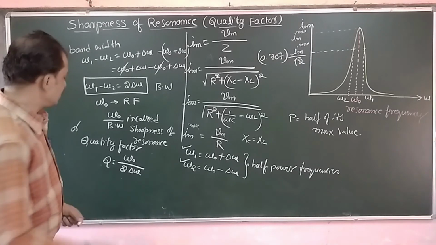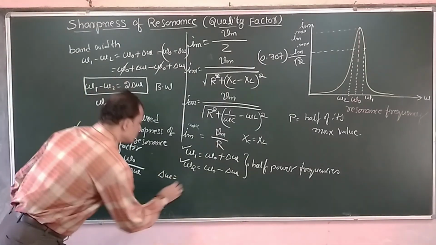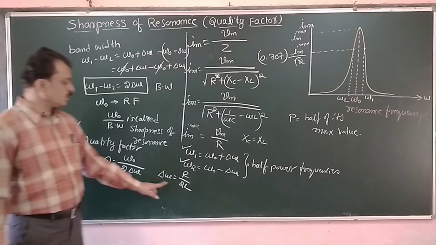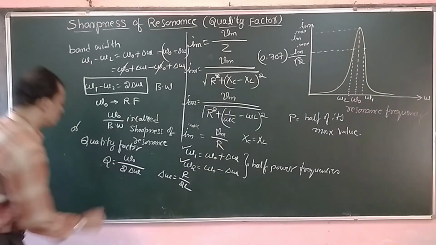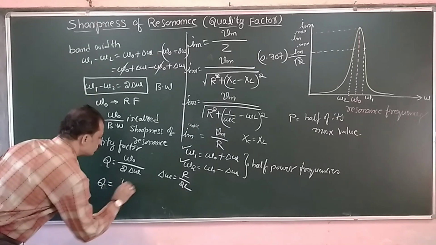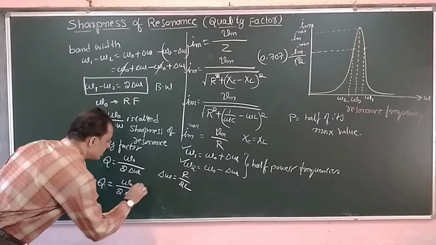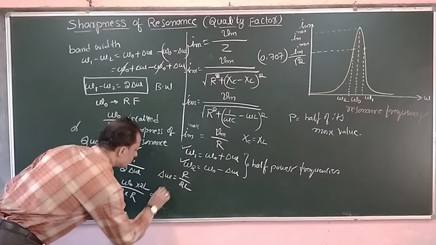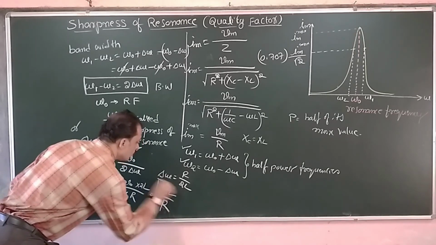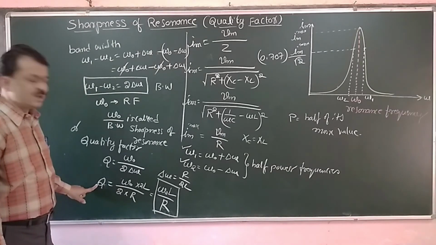With some derivations, it can be shown that delta omega is equal to R by 2L. Substituting here, we get Q equal to omega naught divided by 2 into R by 2L. Therefore, omega naught L by R is the expression for quality factor.